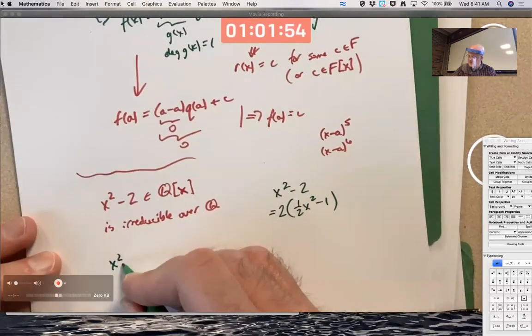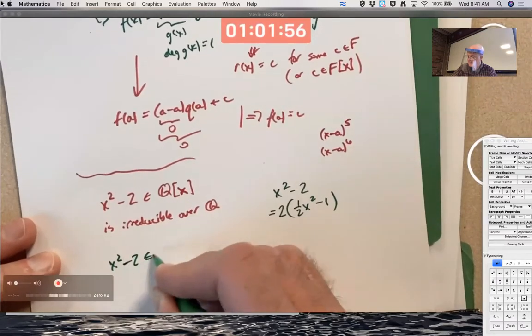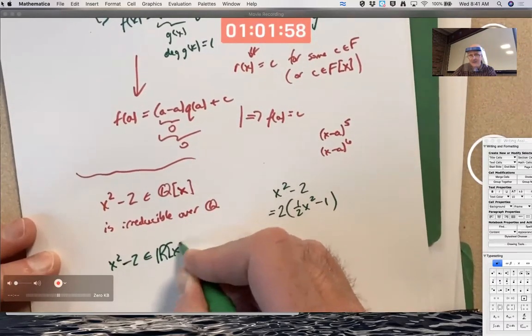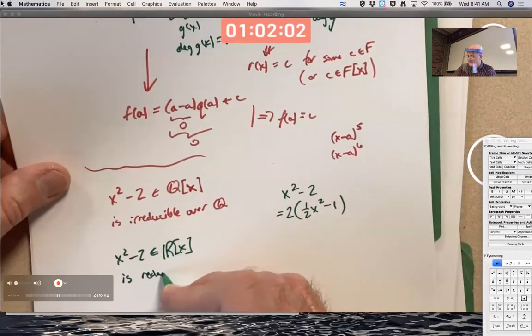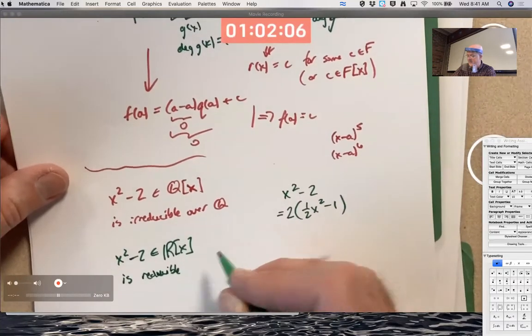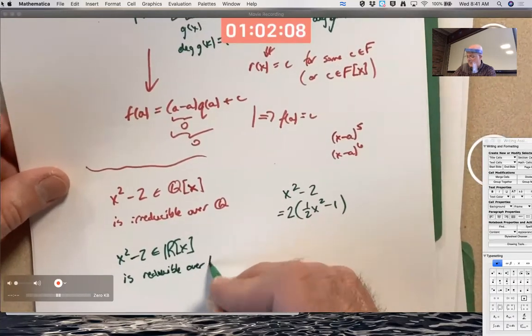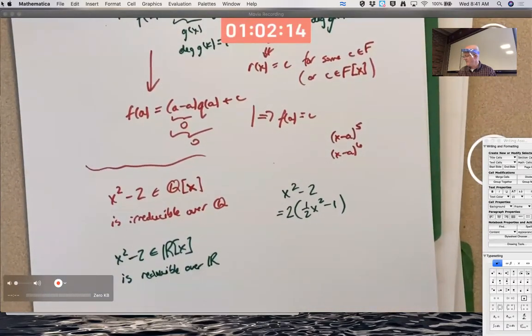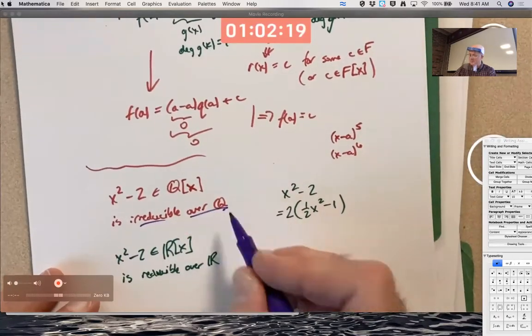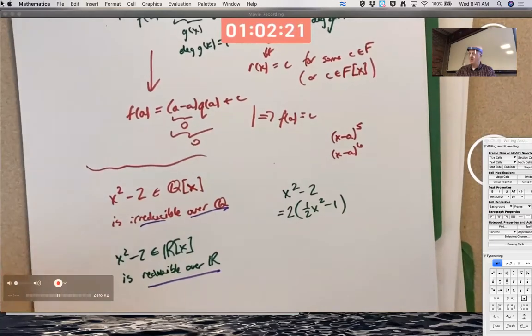X squared minus 2 thought of as an element of R of x is reducible over R. Same polynomial, thought of differently. It's irreducible over Q, but reducible over R. Why?